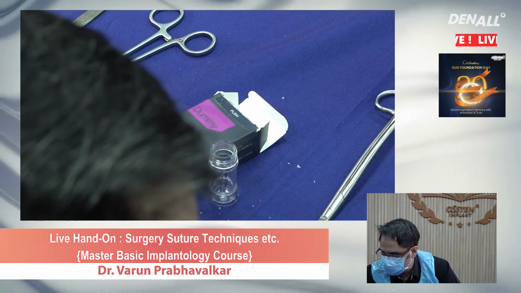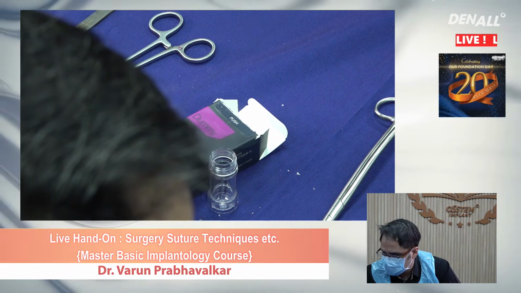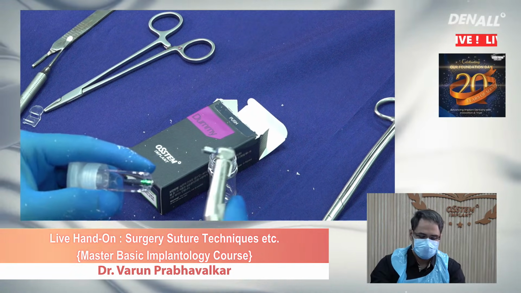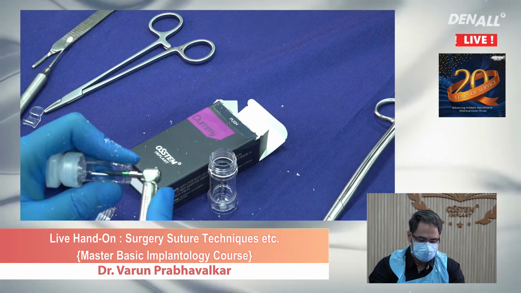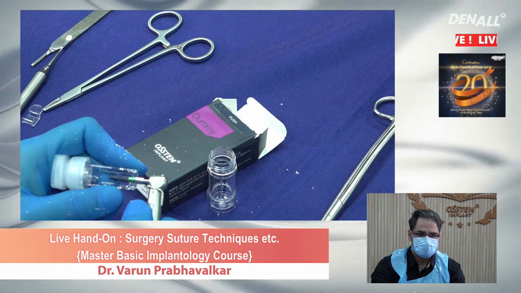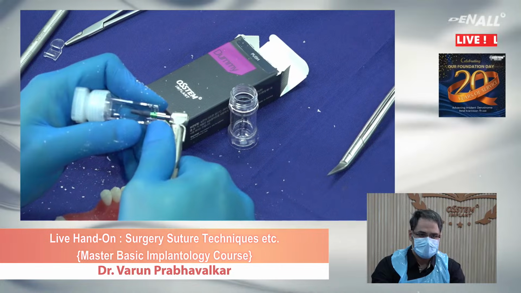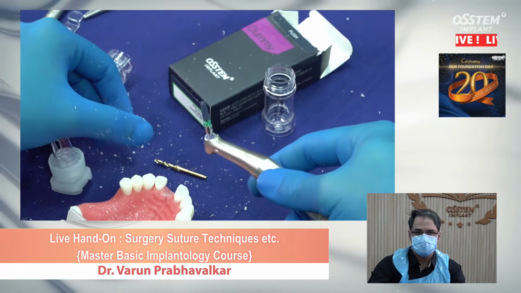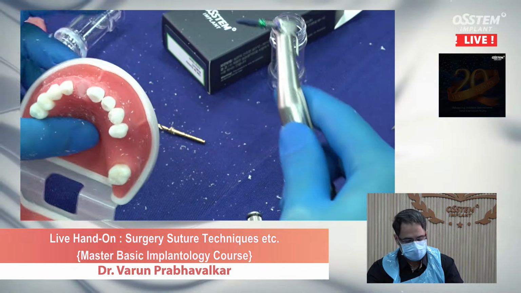Changing the program. And the speed. This is how we engage the mount. Take out vertically. Again, implant is to be held always like this when you're carrying it to the patient's mouth.